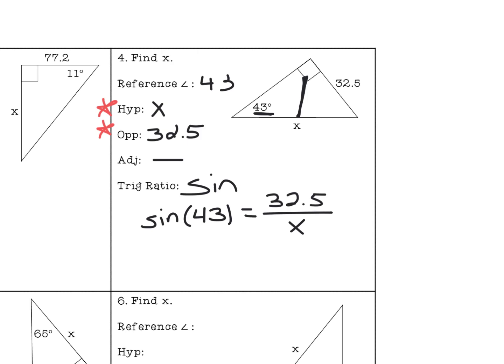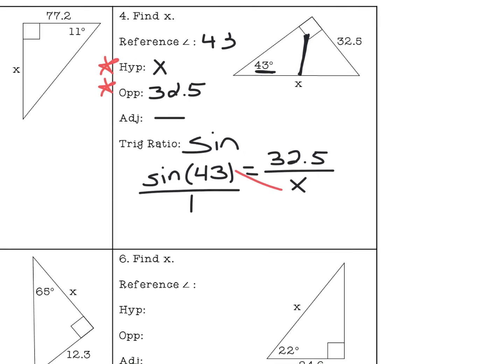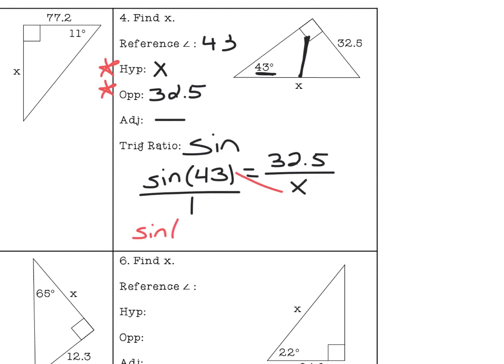So how do I solve? We're going to end up dividing, so let's walk through this. Cross multiply, we have sine of 43 times x. And then what's on the other side? 1 times 32.5 gives 32.5. How do we get x by itself? What's the relationship happening between sine of 43 and x?